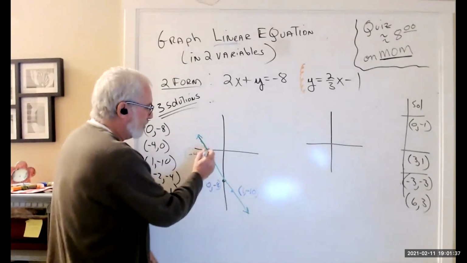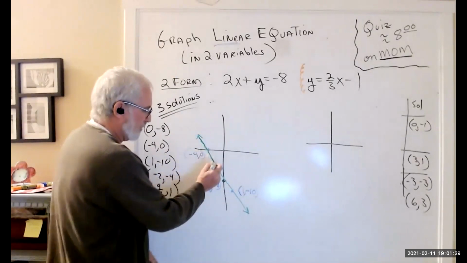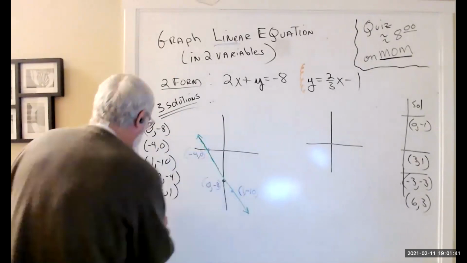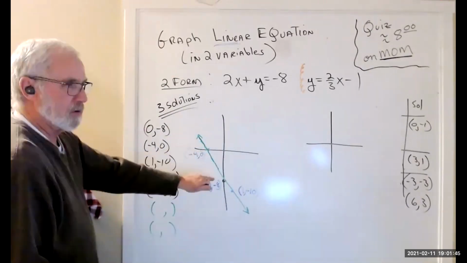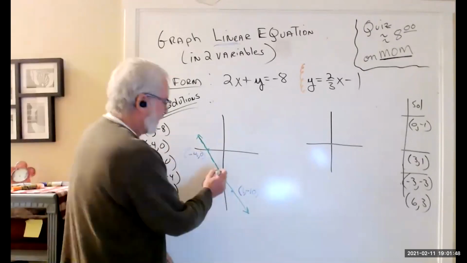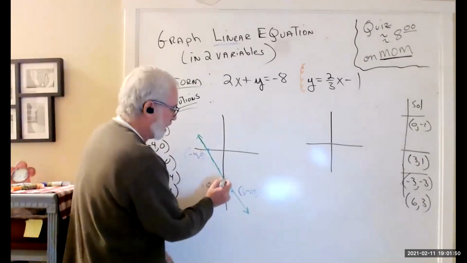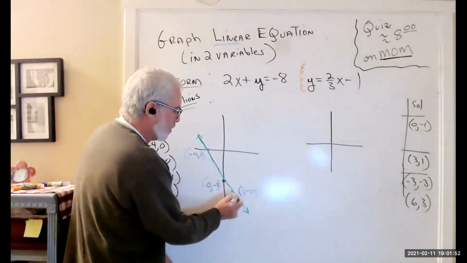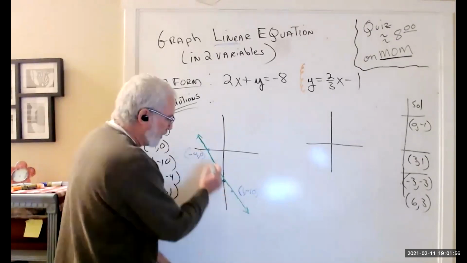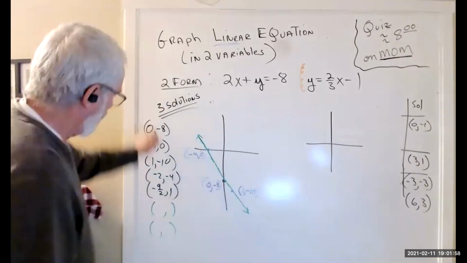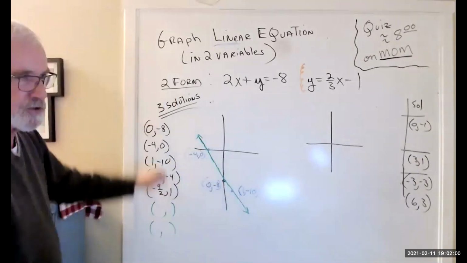And each one of those little dots corresponds to another ordered pair. That's what we're trying to show. That's what our line is trying to show to the world. All of those infinite dots are all of the ordered pairs that we could have found for that equation.